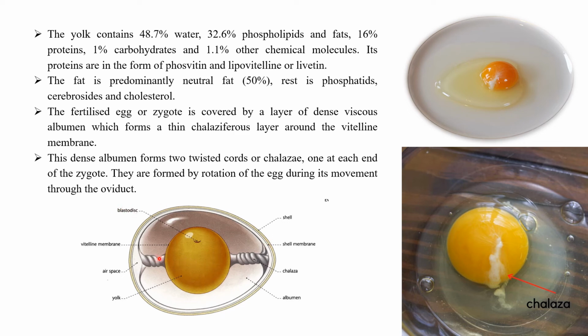And this dense albumin forms two twisted cords, as you can see here on either side. And these cords are chalazae, which are present on both sides of the vitelline membrane, this side and this side as well.